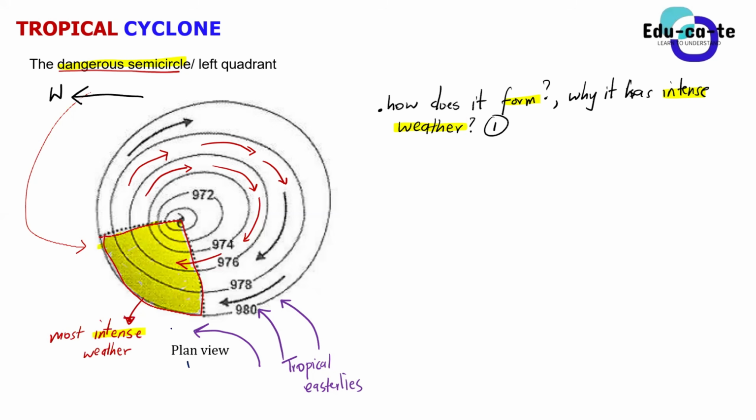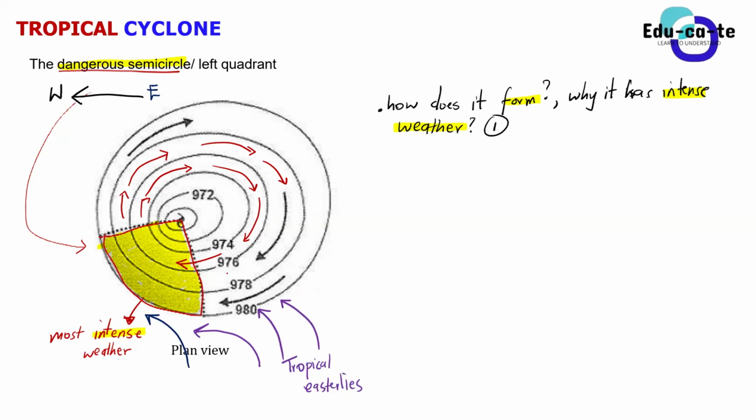So we have got tropical easterlies, which are the winds that are pushing this tropical cyclone to move from east to west, or westwards. We also have got the other winds, which are circulating within the cyclone, rotating basically within the cyclone.